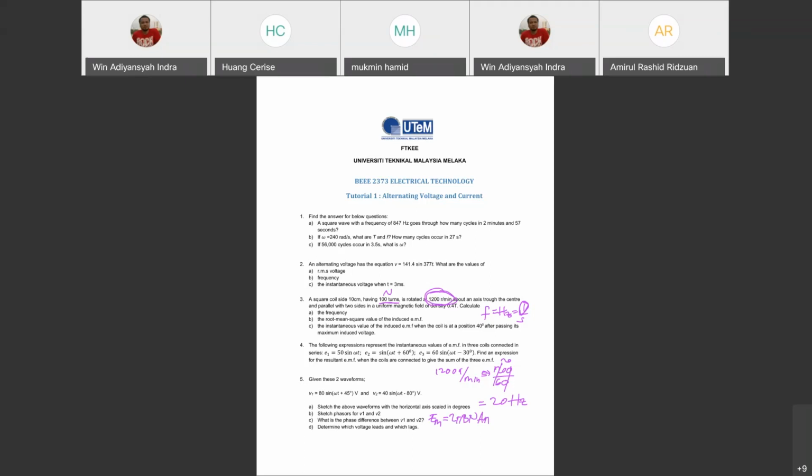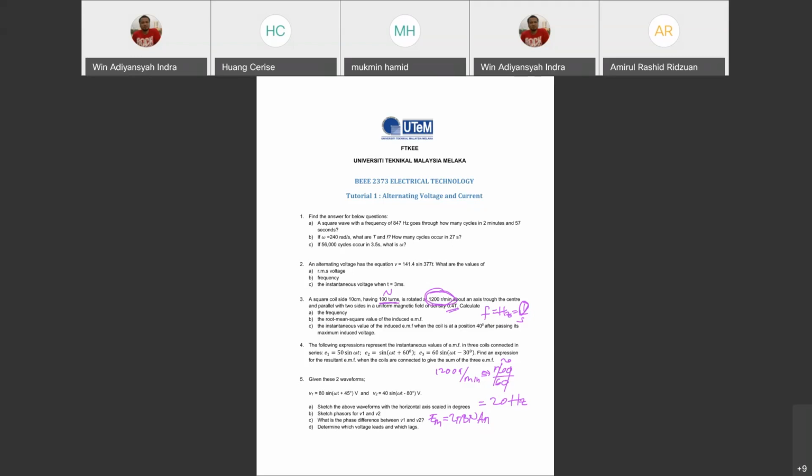B is 0.4, the field of density. Capital N is 100 turns. How many turns? And then A.